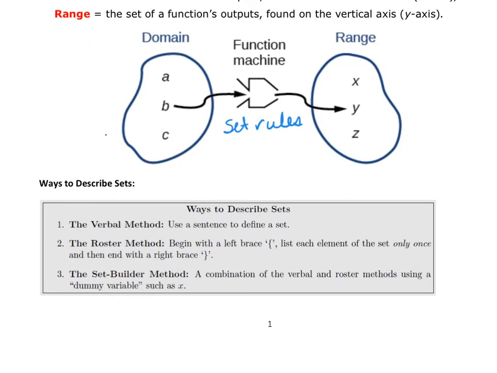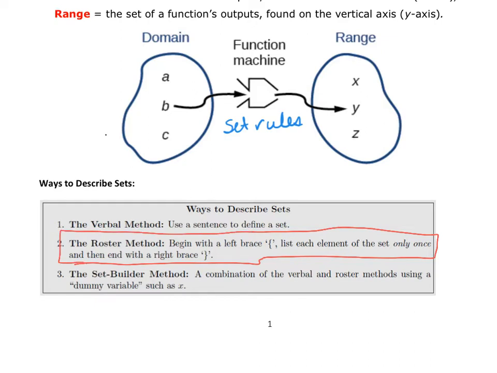And when we're describing sets, in particular our inputs or our outputs, there are four ways to do it. We can just say verbally, this is the set of real numbers. We could use the roster method. Now, we don't typically use the roster method unless we have particular numbers.